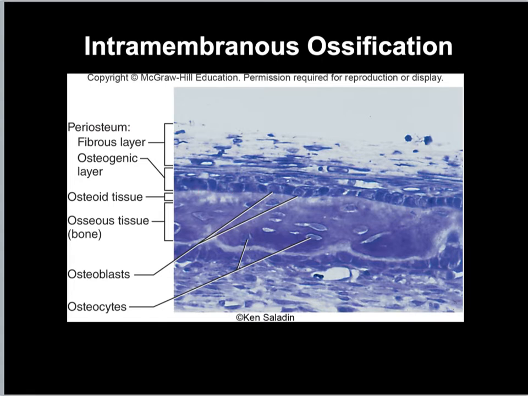And then we have our osteogenic layer. This is where we'll have a bunch of osteoblasts and osteogenic cells that are depositing the osteoid tissue. And then out here we have the fibrous layer of the periosteum.